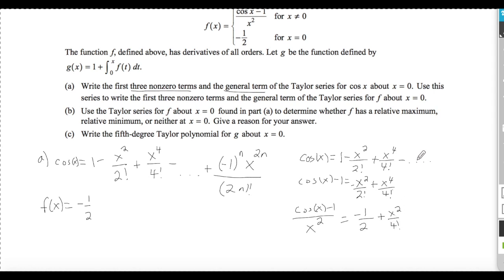Remember the next term over here, if we wanted to, would have been x to the 6th over 6 factorial plus, and so on and so forth.